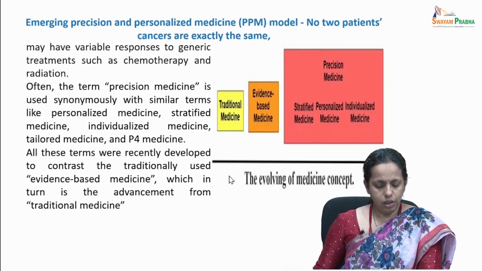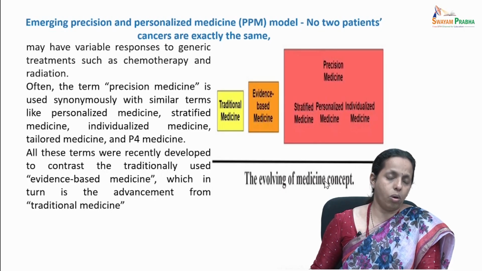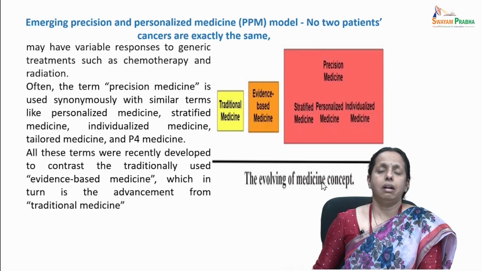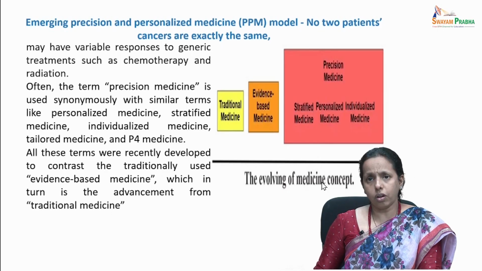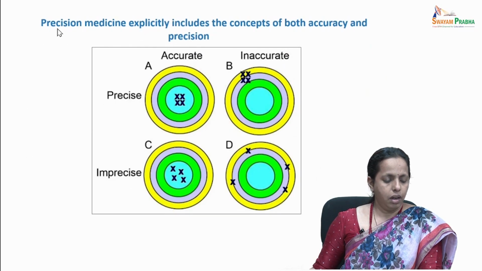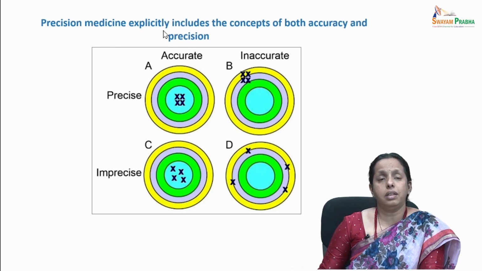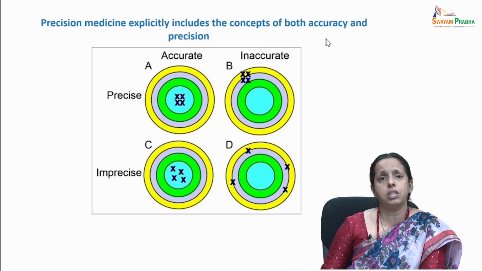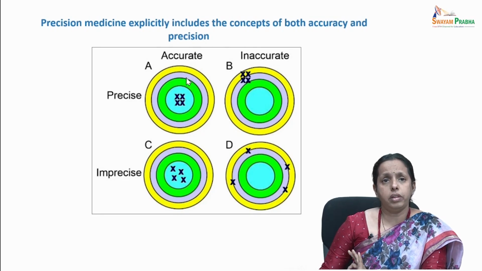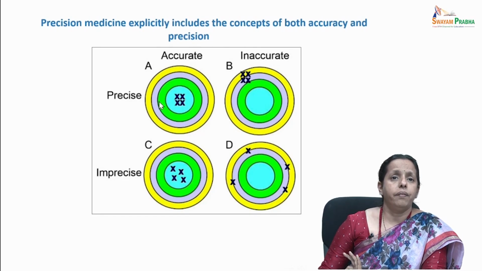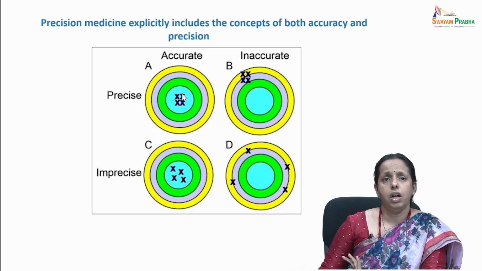This is how the medicine concept reflects the precision oncology concept. The definition of precision medicine itself includes the concepts of both accuracy and precision, highly precise and accurate.